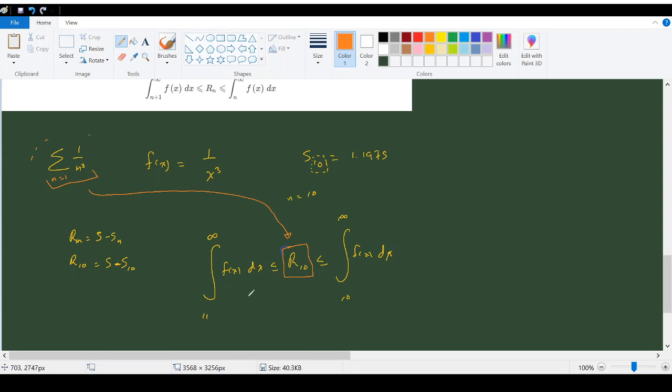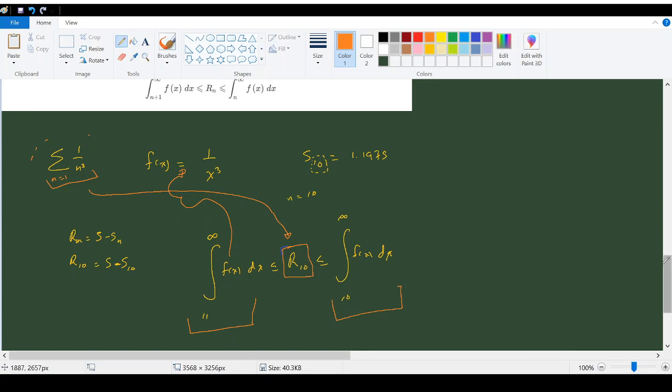But in this inequality, on both sides you have an integral, and the integral goes with this function. That's the relationship, and that's the reason why we need a function.